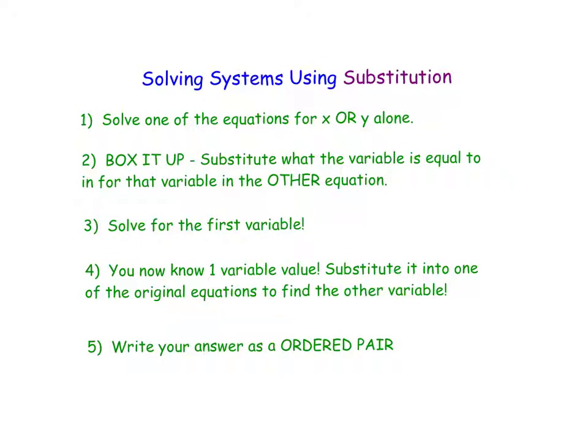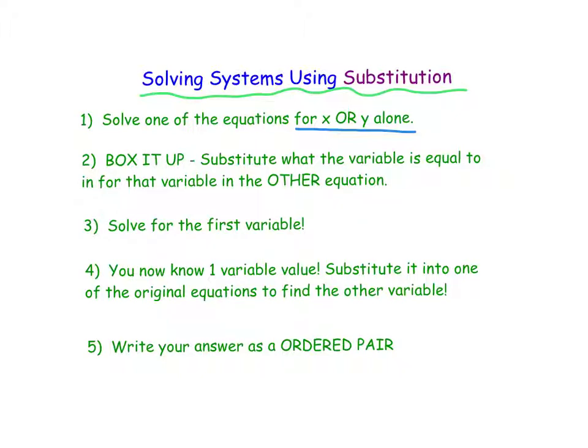These are the 5 steps we're going to follow when we solve a system using the substitution strategy. I'm not going to break them down right now, but I want you to notice that the first thing we're going to do is solve for one variable alone. That talks about the previous slide, where you can easily get x or y alone in one of the equations.